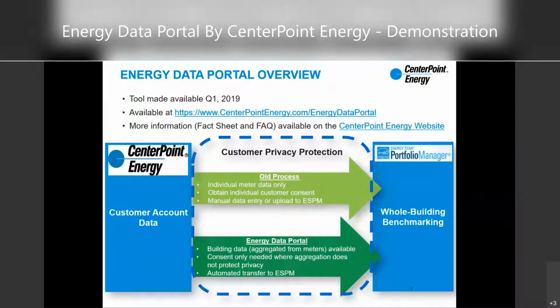And that, especially for those apartment buildings, covers a lot of the buildings. So we're able to release the data for those buildings without obtaining individual customer consent. And finally, the tool does have automated transfer to Portfolio Manager. So the data will be sent automatically each month to Portfolio Manager.